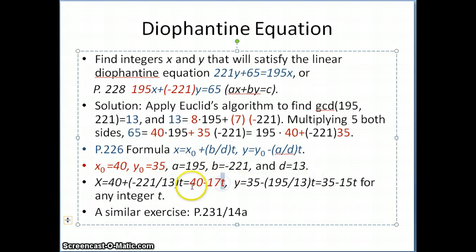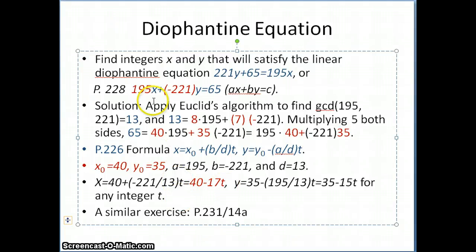If t is 1, we get 40 minus 17, that's 23, and 35 minus 15, that's 20. So 23 and 20 should be another pair of solutions. If we keep plugging in numbers for t, 0, 1, 2, 3, 4, and so on, and negative 1, negative 2, negative 3, negative 4, and so on, we can get infinitely many solutions.